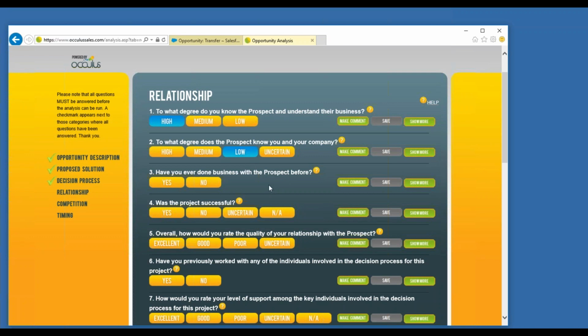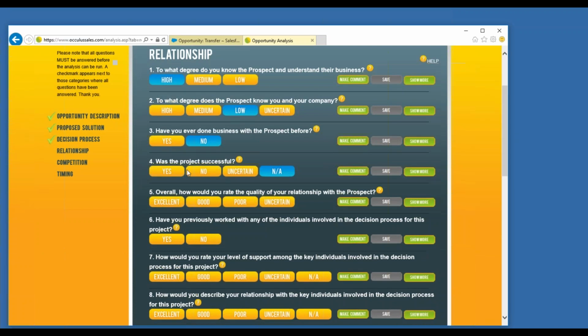Have I, or my company, ever done business with them before? Not that I'm aware of. And you'll notice that if I'd answered yes here, the next question would be, was the project successful? This is an important thing, because if the answer was no, then I need to get out in front of this when dealing with Linda and the other people in the prospect, because one thing's for sure, my competition is going to reference it.